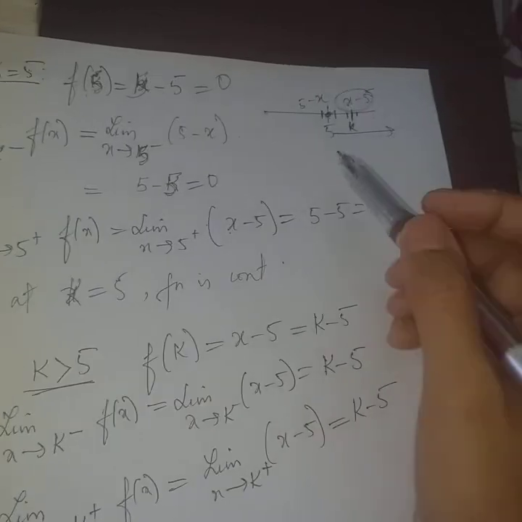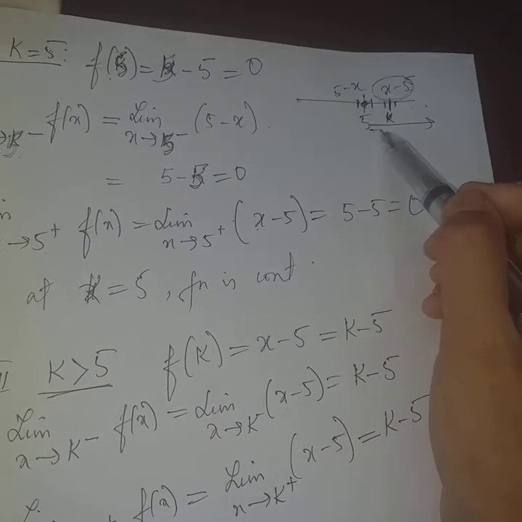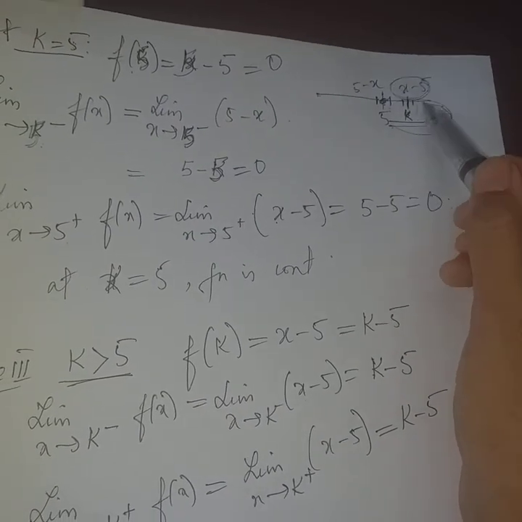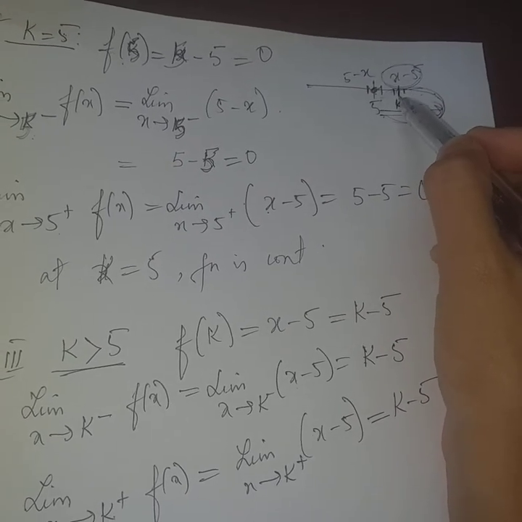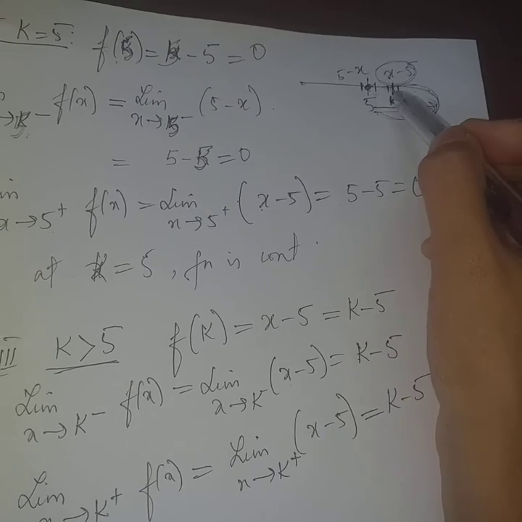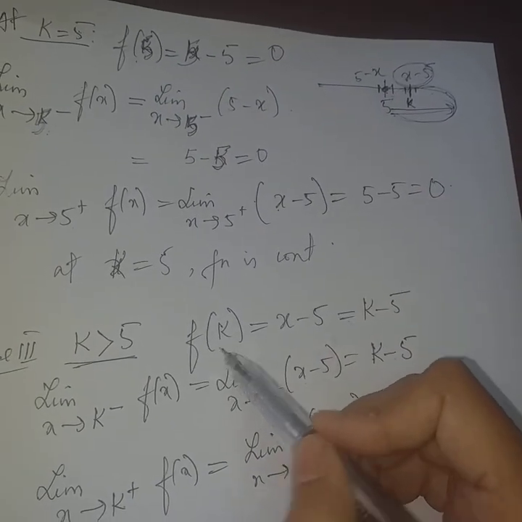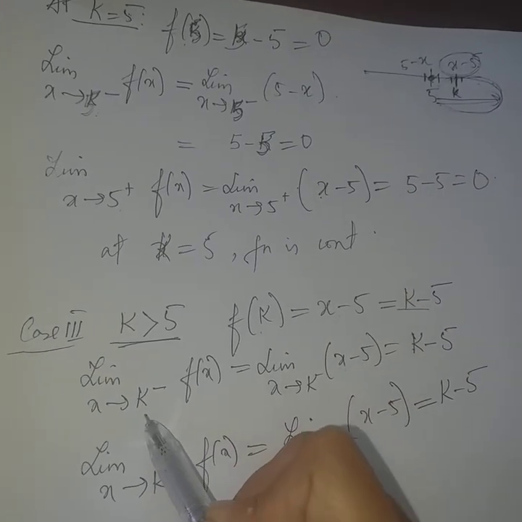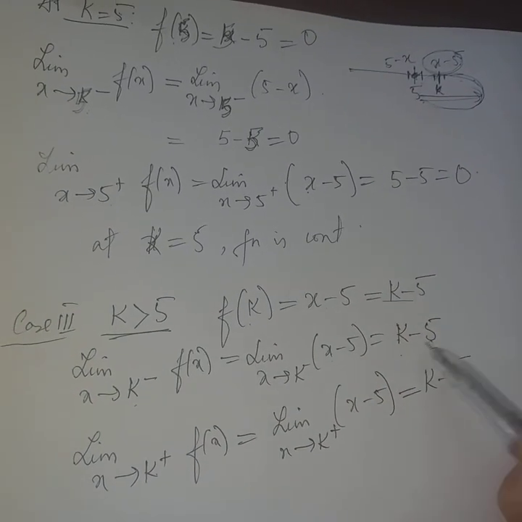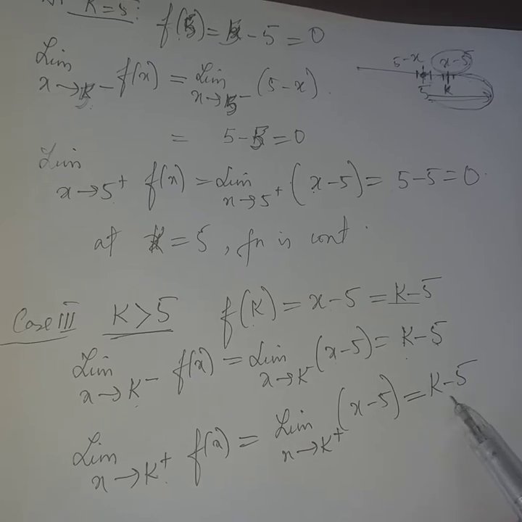So when k is greater than 5, for all these values, f of k will be k minus 5, at a point slightly less than k it will be k minus 5, and at a point slightly greater than k it will be k minus 5.